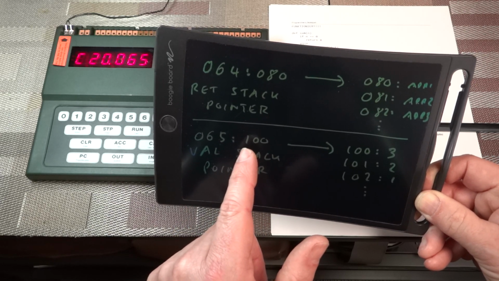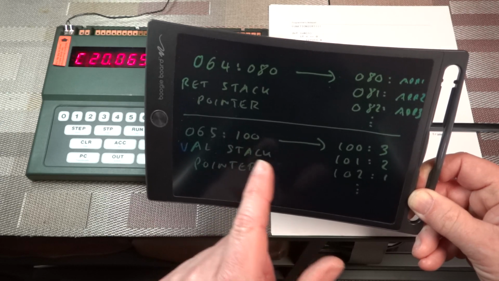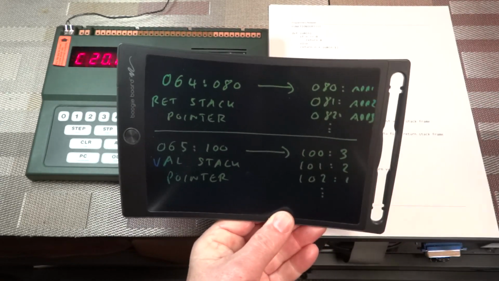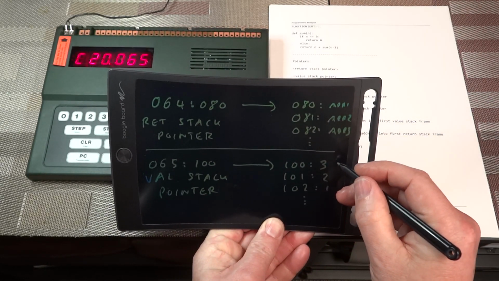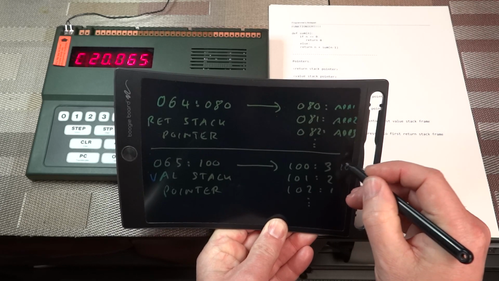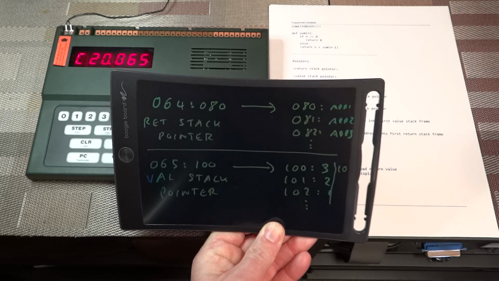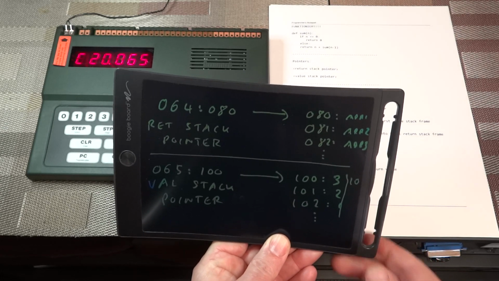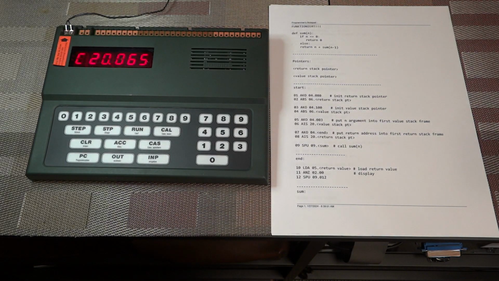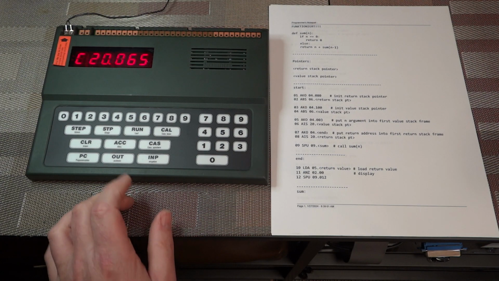So it dereferences the address first, and then it puts 10 into memory cell 100, because this is where the value stack starts. So we now have the first n argument 10 on the top of the value stack, in the first stack frame, if you like.